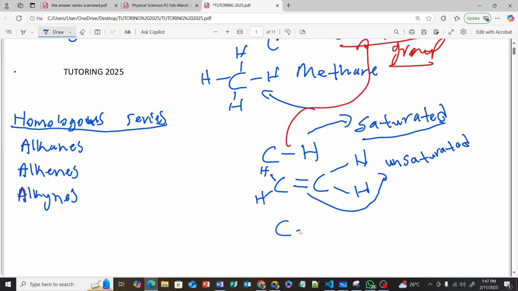By adding another bond. So alkynes have a triple bond in between two carbon atoms. So the lowest number of carbons that you can have is 2, because you need the triple bond between carbon atoms.